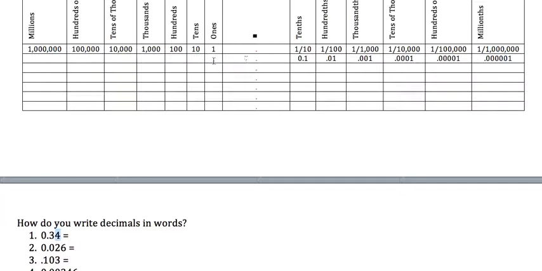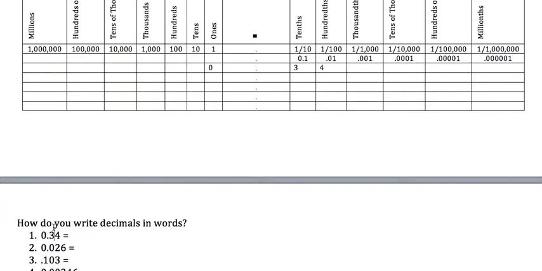So I'll show you what I mean. If I was to write this out into my table, I would say 0 here, 3 goes there right next to the decimal, and then the 4 would go here. So it would be 0 and 34 hundredths. So I would say the hundredths because the last digit of my number here falls into the hundredths column.